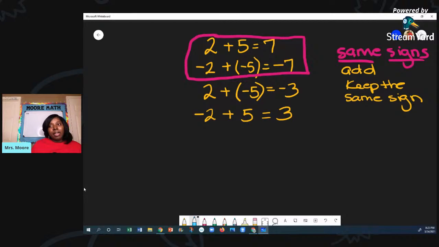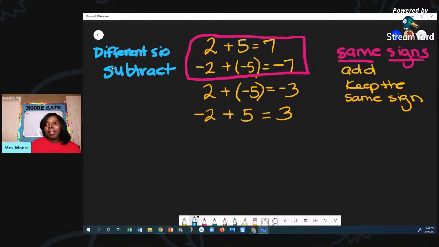And negative 2 plus 5 is 3. So what does it look like we are doing here? I know you said it. Subtracting. So when the signs are different, we are subtracting.